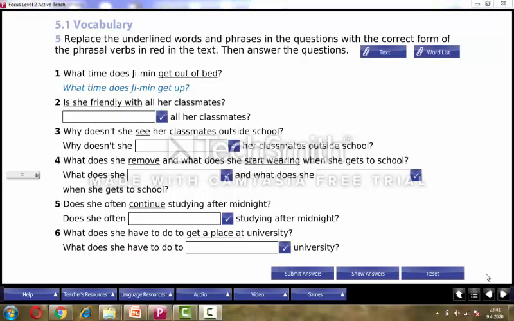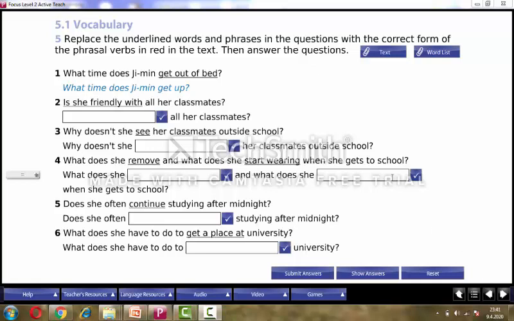Moving on to exercise 5 in your books, page 61. Your task is to replace the underlined words and phrases in the questions with the correct form of the phrasal verbs in red in the text. These are the phrasal verbs that I've just read to you, in case you have books that are not original, so that you can know which ones we are referring to now. So, let's take a minute. Take a look.